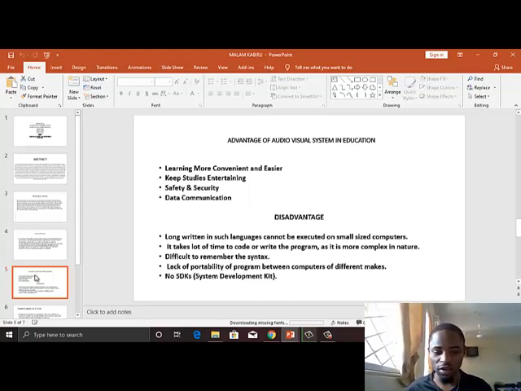It also takes a lot of time to code or write the program as it is more complex in nature. It is also difficult to remember the syntax, and there is a lack of portability of programs between computers of different makes.